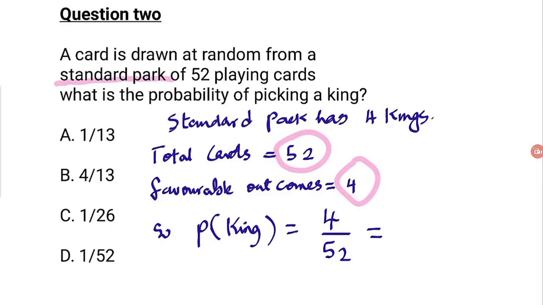Let's say 4 divided by 4 and this divided by 4. So you see that we're going to have 1 over, and 52 divided by 4 will give us 13. Understood? So from here, our answer is A. 1 over 13 is the solution to the problem.